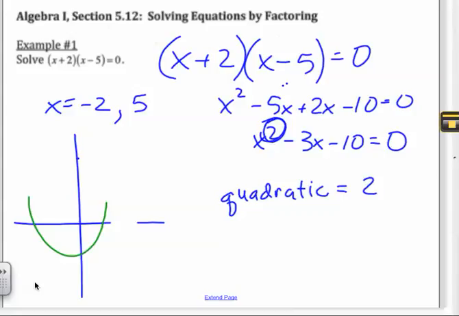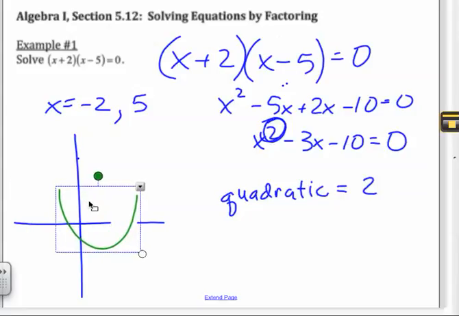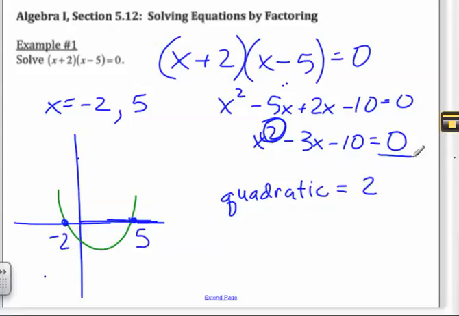This quadratic, x plus 2 times x minus 5, this one has two solutions. I'll show you where it is. Negative 2 and positive 5. So that means that it hits the x-axis at negative 2 and positive 5. That's when the y equals 0, where it hits the x-axis.